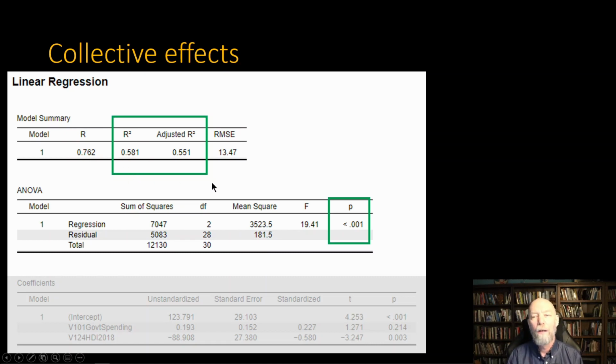Okay. This, for the F value, is the p-value that gives us the statistical significance of F. It is also the statistical significance of this collective result.